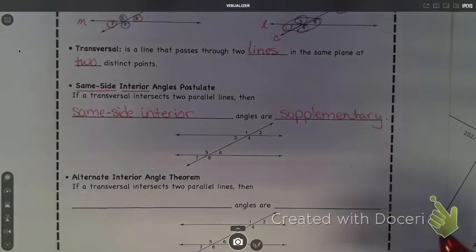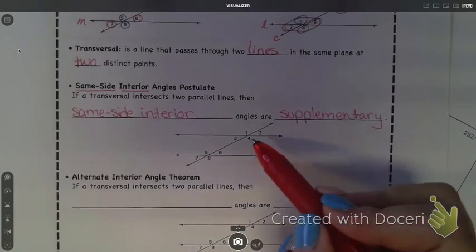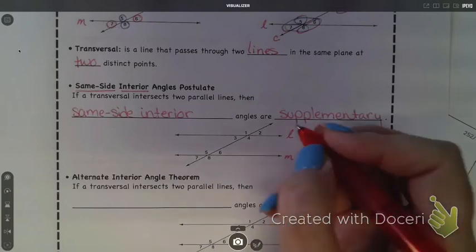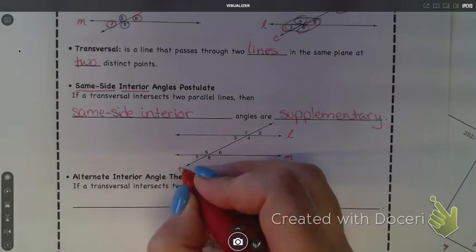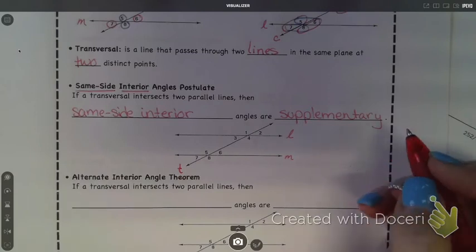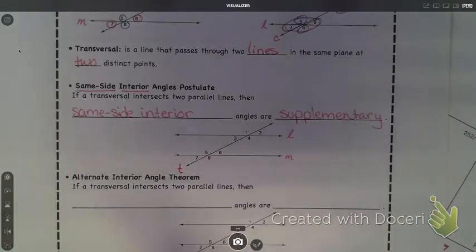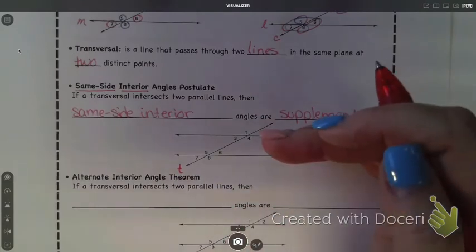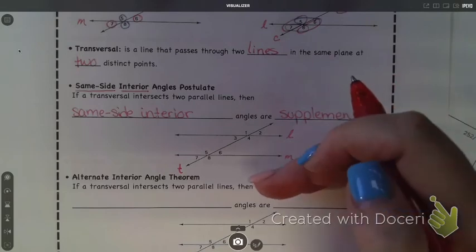Okay, wait, I don't want any throwing out answers, please. I want to show you the same side interior. Okay? So, this is a line, this is a line, and this I'm going to say is T, my transversal, correct? So, same side means the same side of the transversal. Inside means between the two parallel lines.